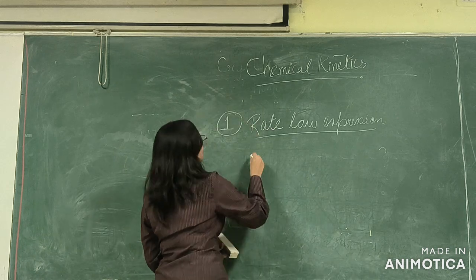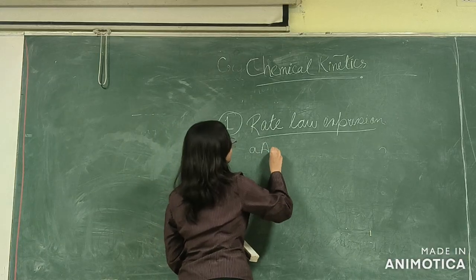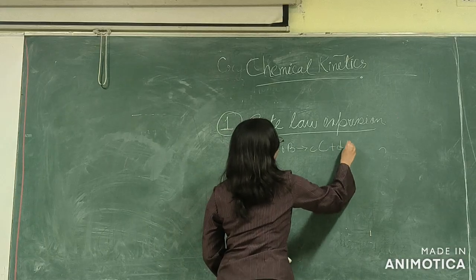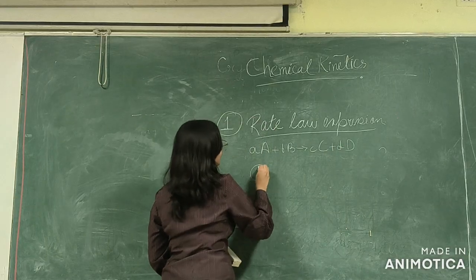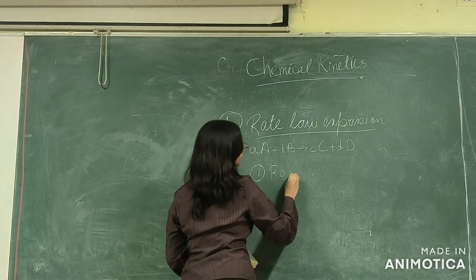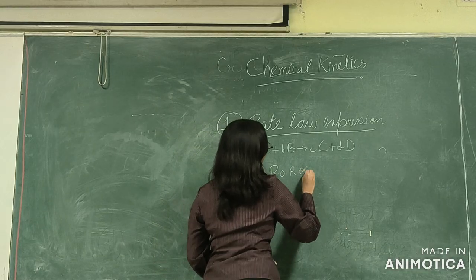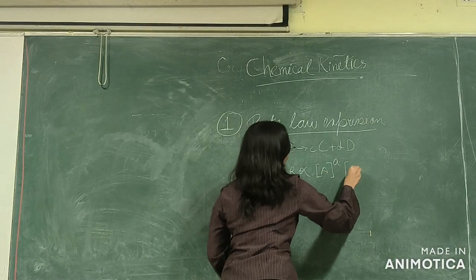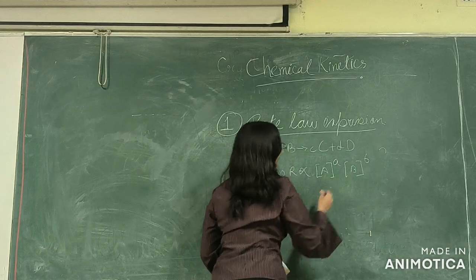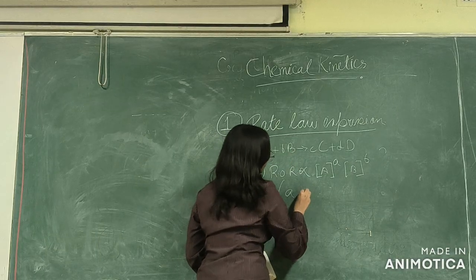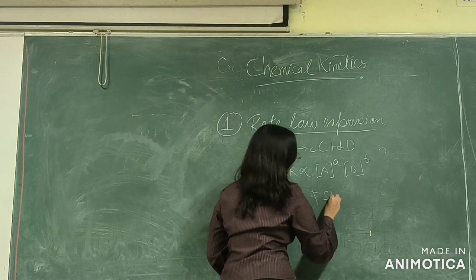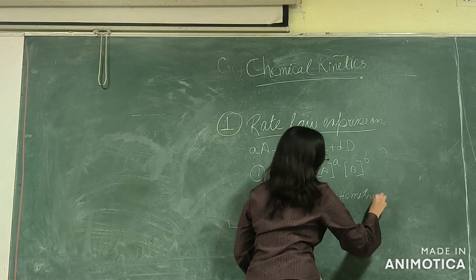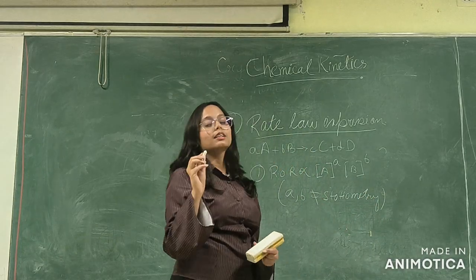First we will write the reaction. Then the first point is how to write the rate law. That is, the ROR is directly proportional to concentration of the reactant to the power a, concentration of another reactant to the power b, where a, b are not the stoichiometry.